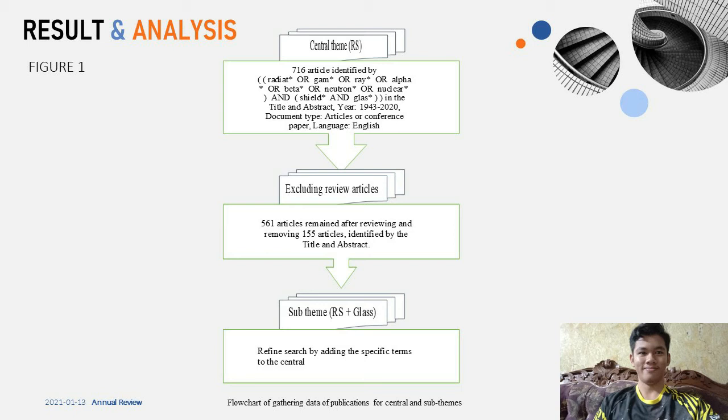The next part is excluding the review articles. The name itself is quite self-explanatory. Right after reviewing every article and removing 155 of it, 561 remain. It was identified by title and abstract. Next, the subtheme, which means that we refine our search by adding specific terms to central themes.